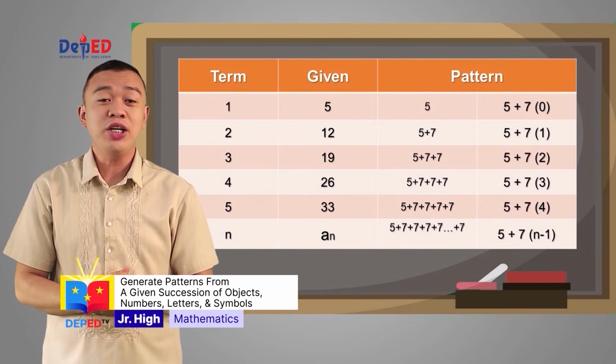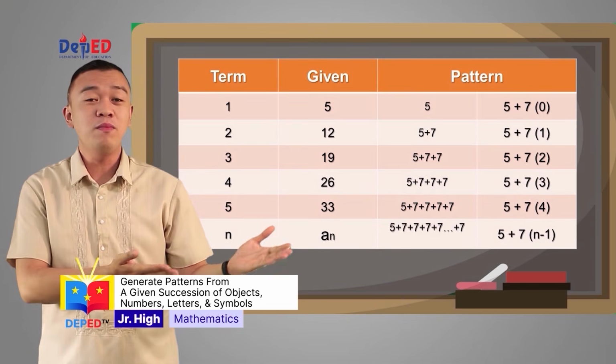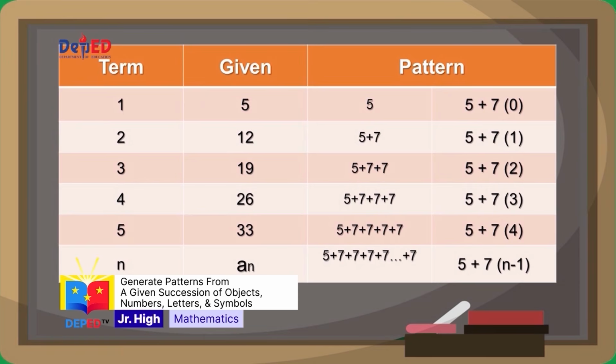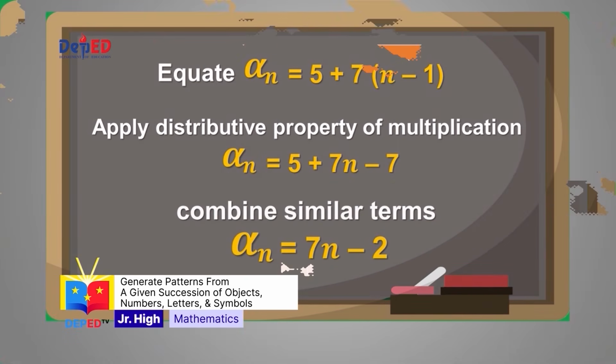We can search the pattern using the tabular form like this one. In the pattern, the number of times that 7 is added to 5 is 1 less than the nth term, or quantity n minus 1. Thus, a sub n is equal to 5 plus 7 times the quantity n minus 1.